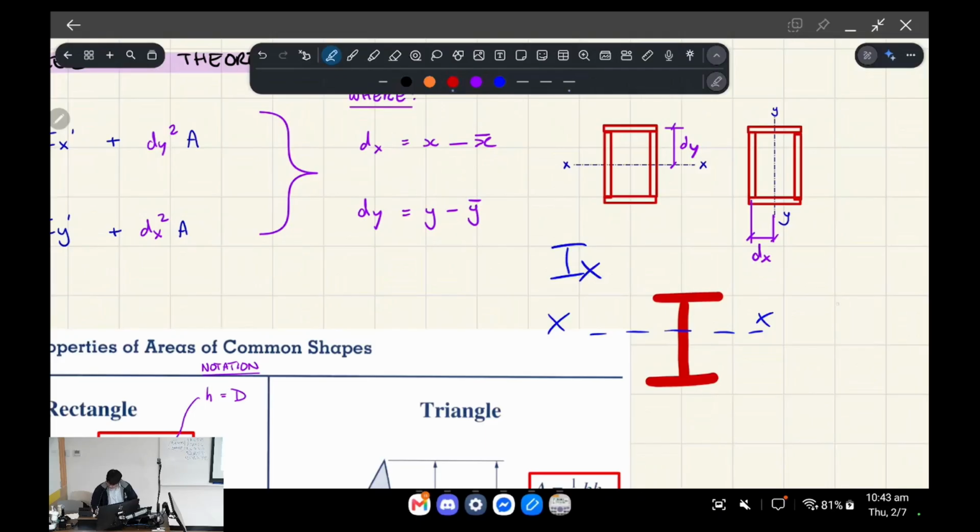And you've also got another option, which is like so. Let's just say this is like some kind of made-up shape. Which one has a higher stiffness when bending around the XX axis, do you think? The shape on the left or the shape on the right?